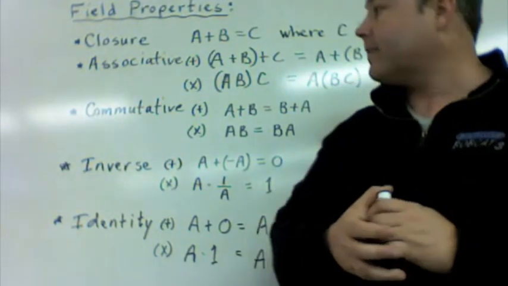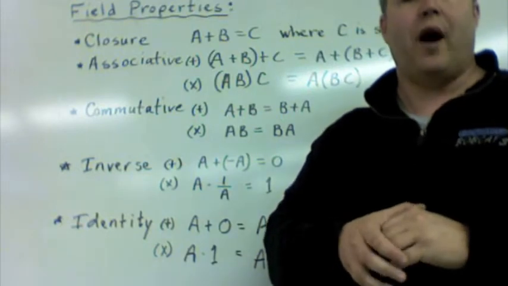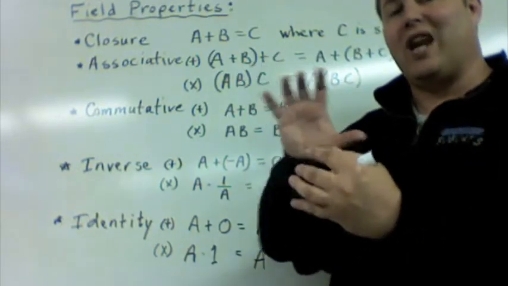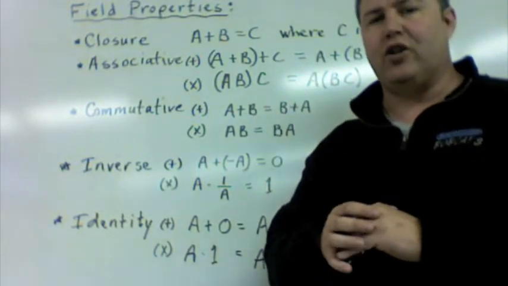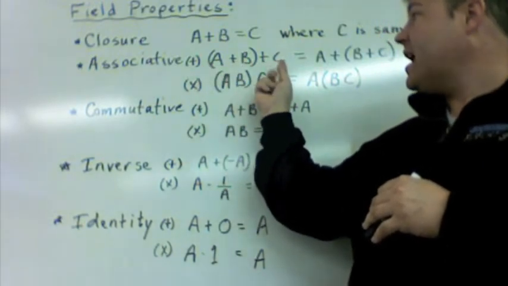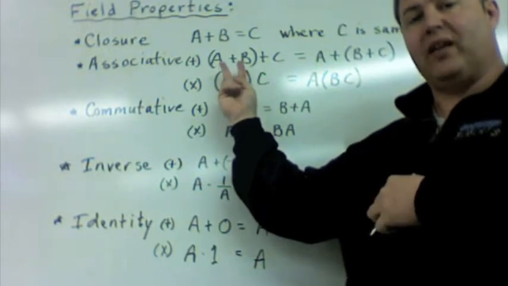All right? Now, associative. Associative property, basically it's called associative because it means the numbers can associate with whoever they want to. But really, it's doing the operations in a certain order. If I have A plus B plus C, and I want to do A plus B first and then add C to that, I put the parentheses.